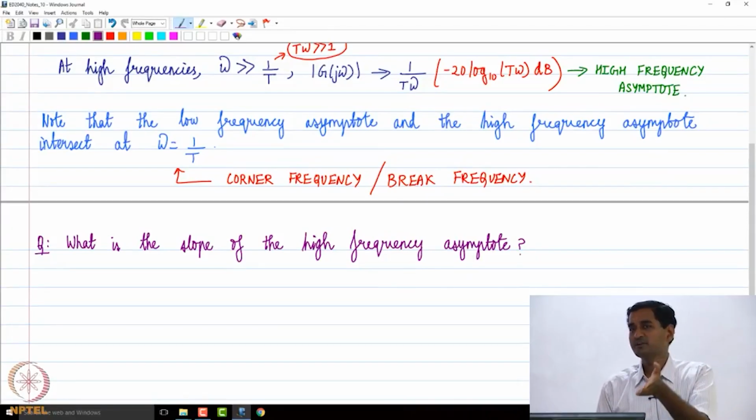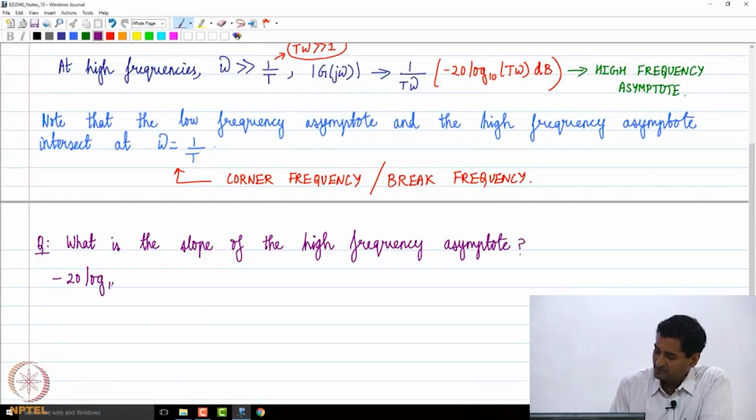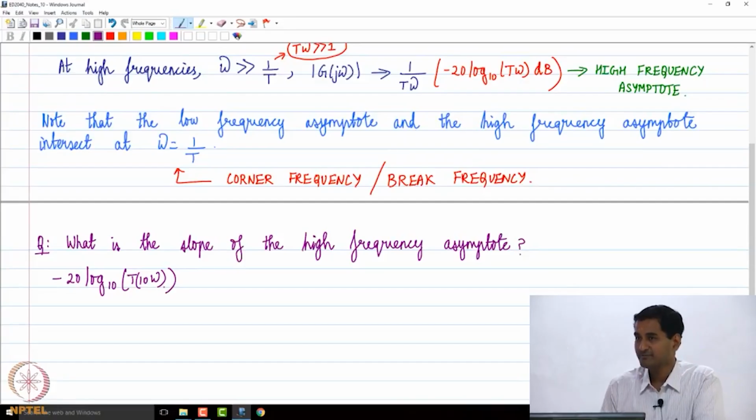So what you do is choose a particular omega and go to 10 times omega and then find out the difference. Whatever the difference is, that is the value of the slope in decibels per decade. So let's look at that. If I go from omega to 10 times omega, let's say from T omega to T times 10 omega, what am I going to get?